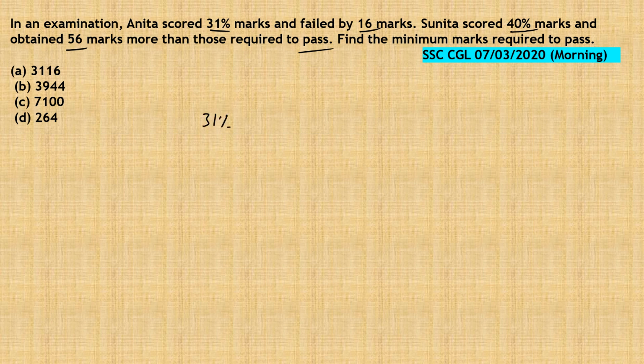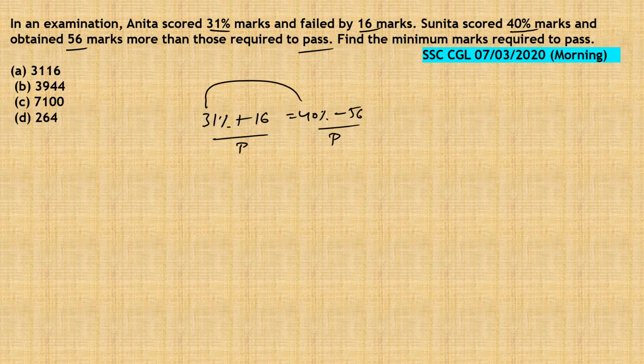If she had scored 16 more, she could have passed. So 31% plus 16 denotes the passing marks. Sunita scored 40% and she got 56 more marks than needed to pass. If you deduct 56 from 40%, we'll get the passing marks.